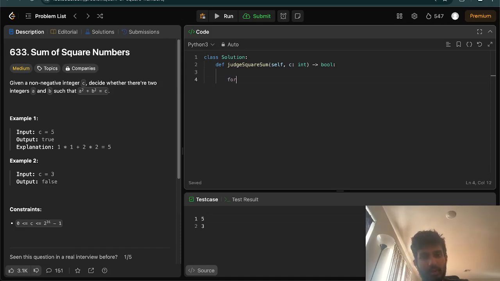Basically, we are looking for an a which is less than root of c.